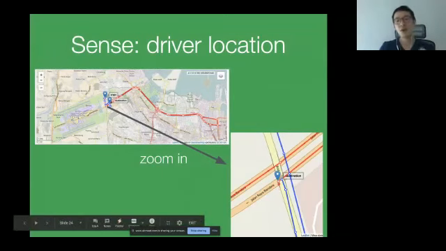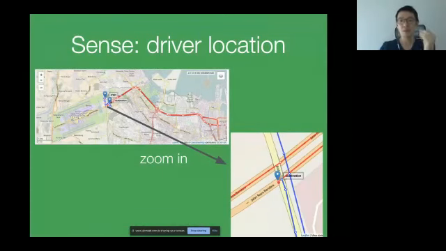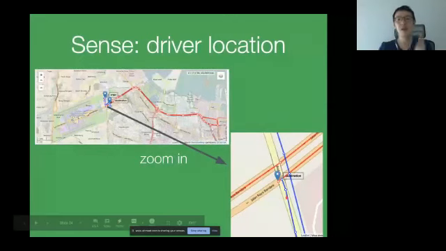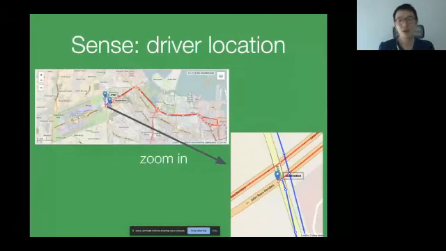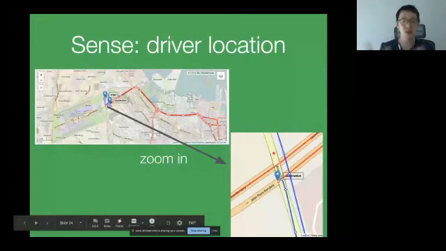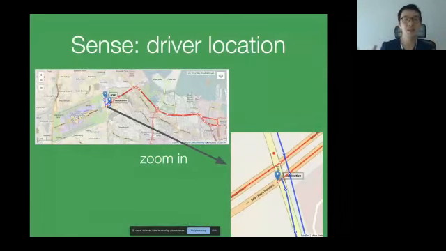Then a simple lat long, which gives you the pinpoint of the driver, is not sufficient, because the same lat long can indicate the driver is either on the flyover or in the underground tunnel. For us, it's super important to understand which road segment the driver is really driving on. The road segment is a kind of semantic meaning for our system. So lat long itself is not good enough.